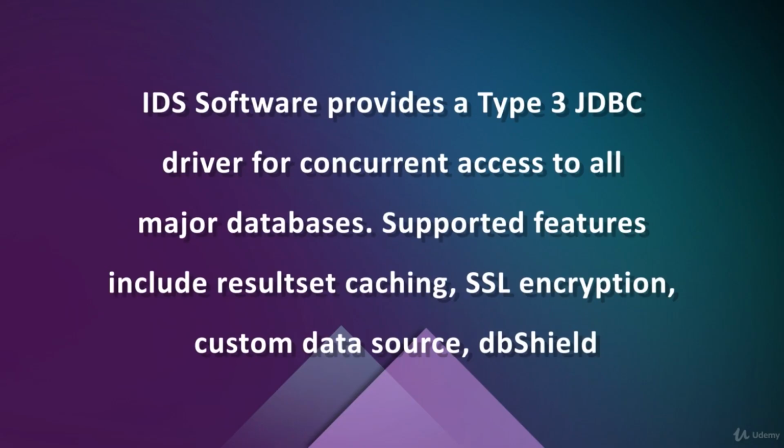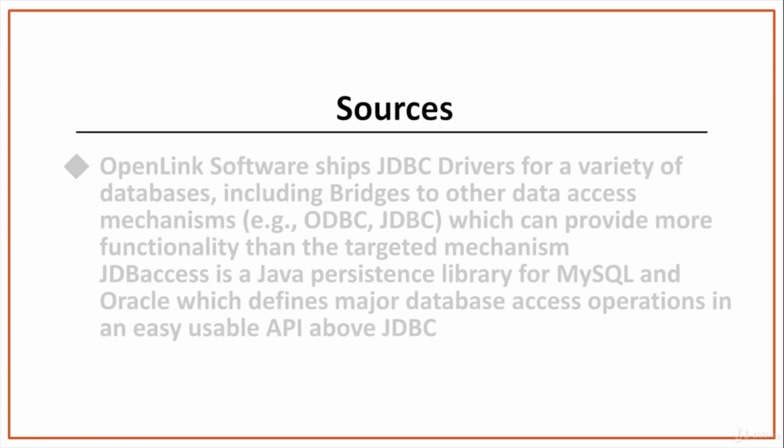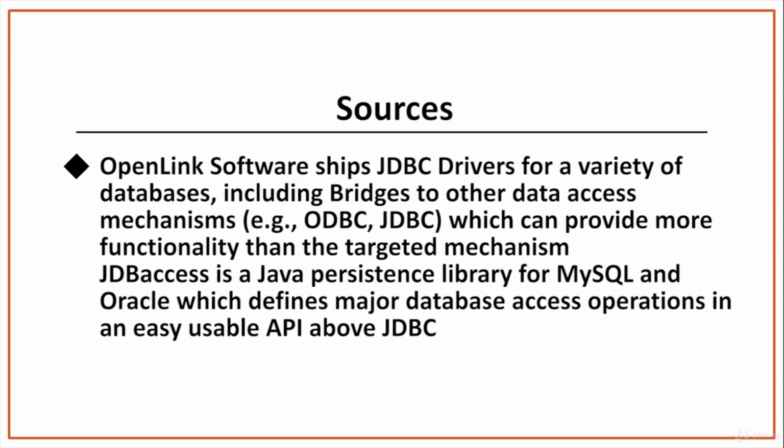Supported features include result set caching, SSL encryption, custom data source, DB Shield. OpenLink Software ships JDBC drivers for a variety of databases, including bridges to other data access mechanisms, for example ODBC and JDBC, which can provide more functionality than the targeted mechanism.